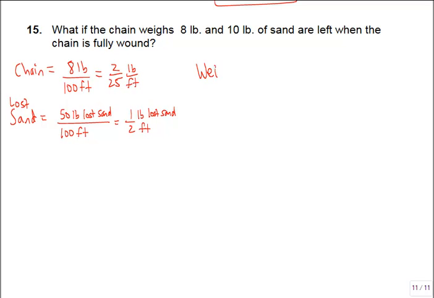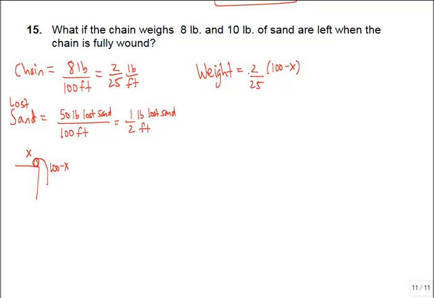So my weight is going to consist of that chain hanging down, which is in length 100 minus x if I already have x of it wound up, and that length of chain, that 100 minus x, is 2 pounds per 25 feet.